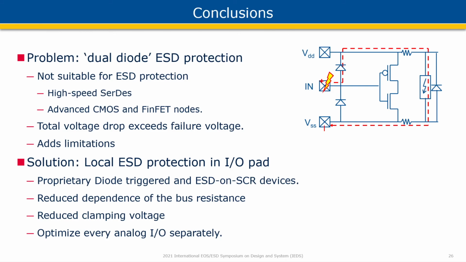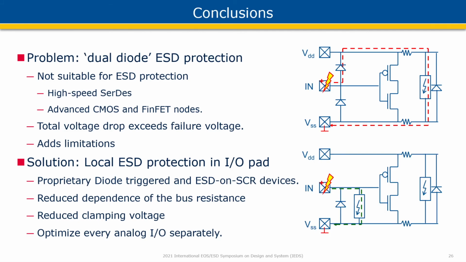The local clamp reduces the dependence on the bus resistance and clamping voltage. Each analog I/O is optimized separately.